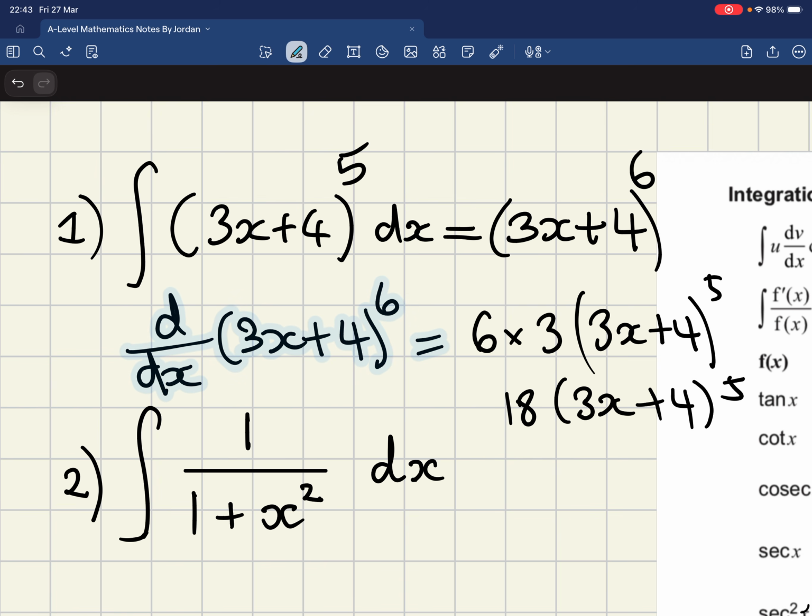And as you can see, I actually didn't want an 18 at the front because there's no 18 there. So what I then do is adjust this so it has 1 over 18 at the front. So that now gives me what I need.